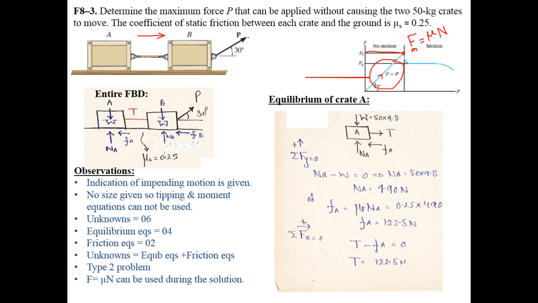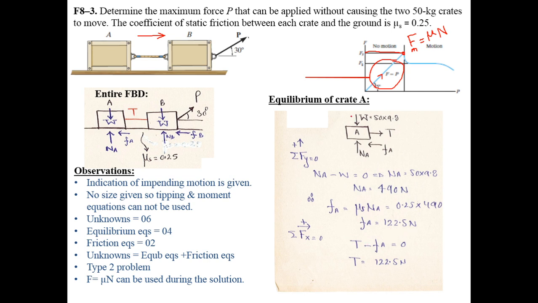Therefore we can use Fa equals mu s Na, because mu s is the same for both crates, so it comes out to be 0.25 into 490, 122.5. This means that the friction force at point A is 122.5 newtons.